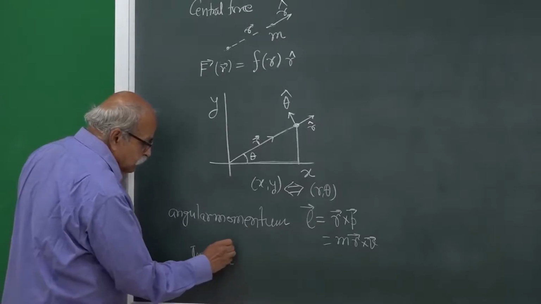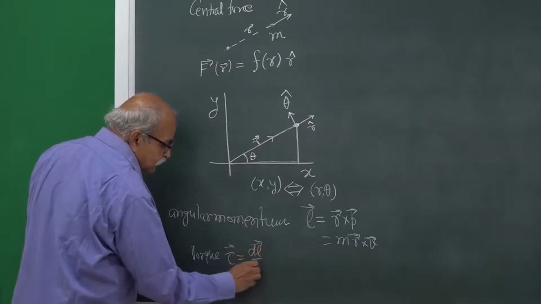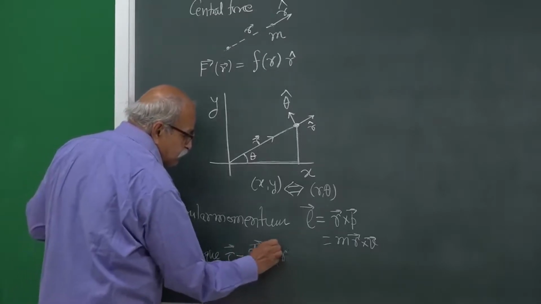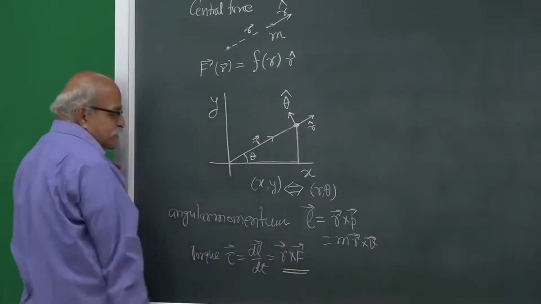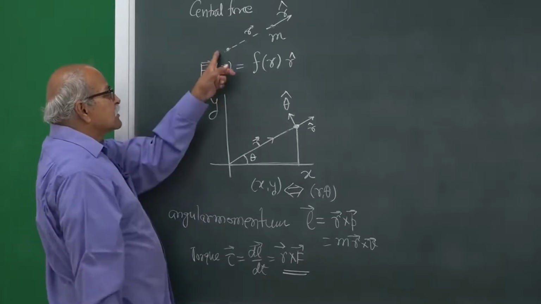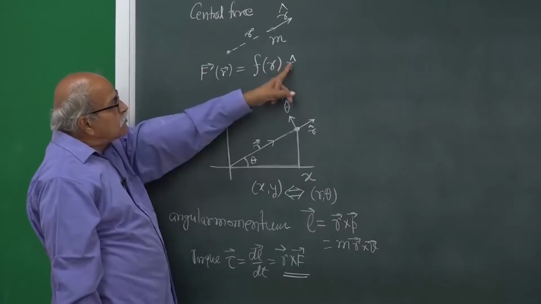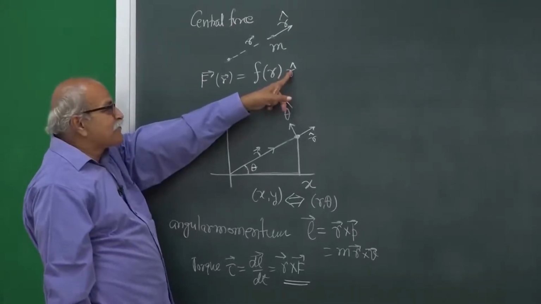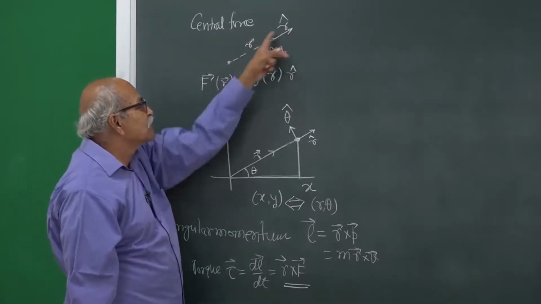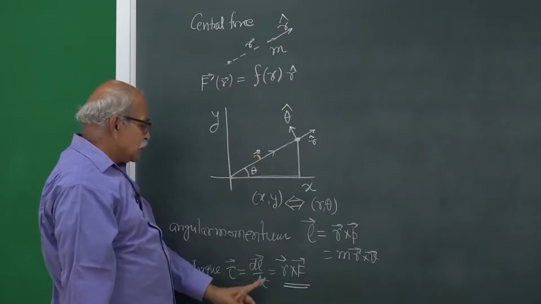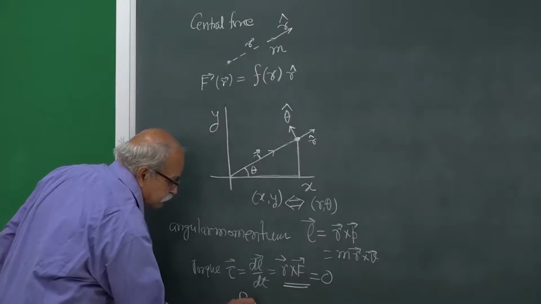Torque is tau, which is dL/dt of course, and which is r cross F. Now, here is the crucial point, r cross F. This is vector r, and the force is also along that direction, r cap. The force is either towards the center or away from the center, but it is on the same line, and therefore, when you do this r cross F, this is 0 for central force.